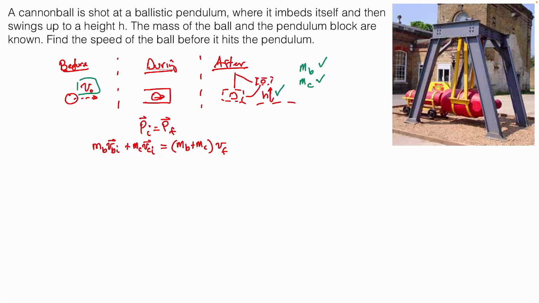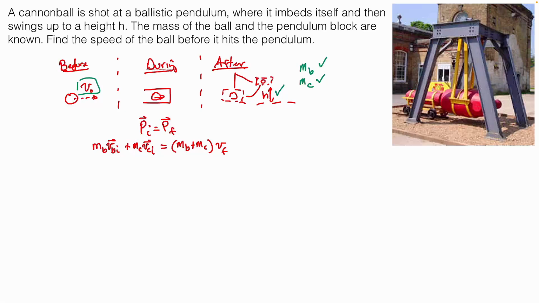So whichever way you want to think about it, you can think of them as separate things or as a compound object. It doesn't matter, you get the same thing because their velocities will be the same if they're stuck together. If they're not stuck together, like the problem I gave you where a bullet gets shot through a piece of wood, if the bullet goes through the wood, can you say that they're the same object? No.